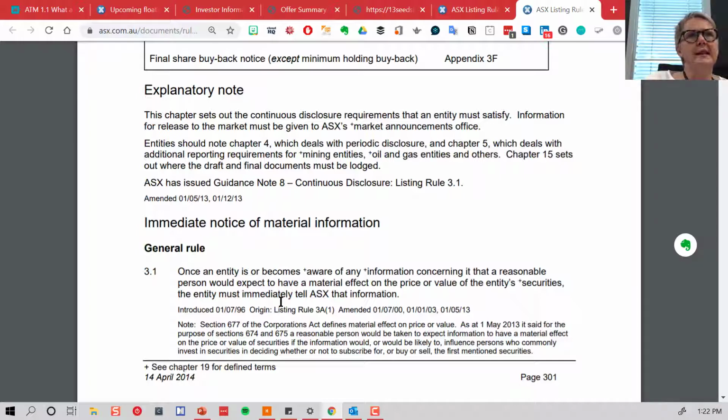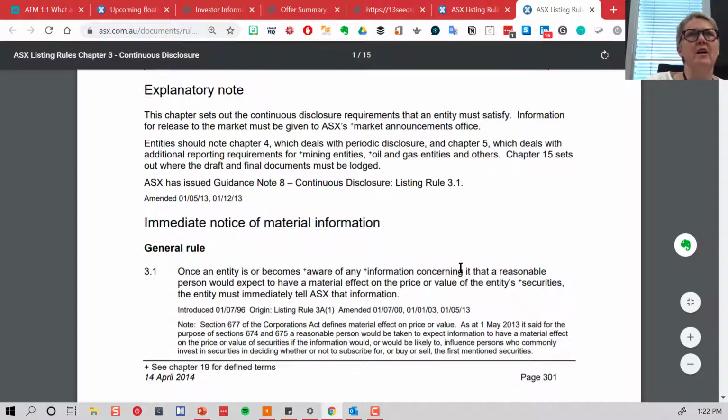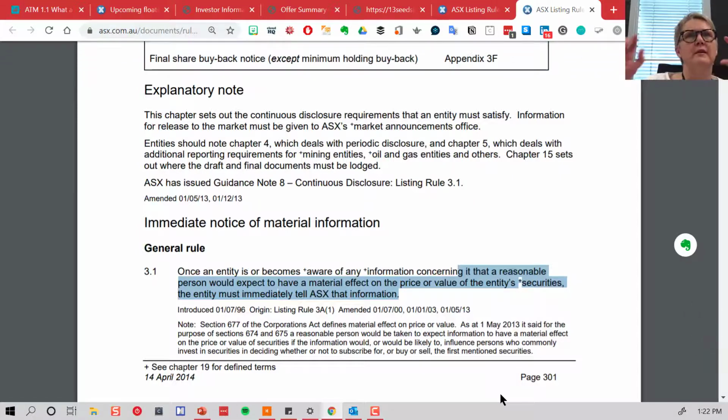So once an entity is or becomes aware of information concerning it, and I tried to paraphrase this the other day, that a reasonable person would expect to have a material effect on the price or value of the securities that are listed, the entity must immediately tell ASX that information. So it's interesting here, we have this reasonable person test. It's very much an objective test that we use.